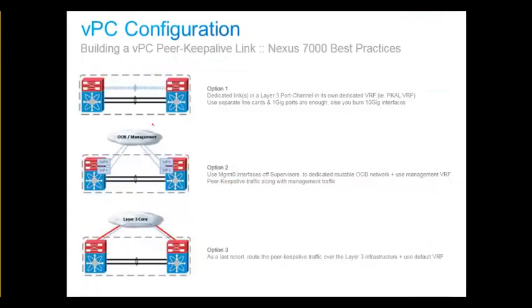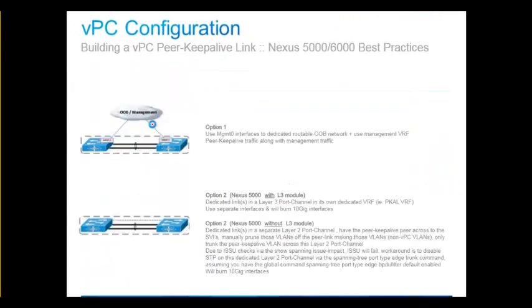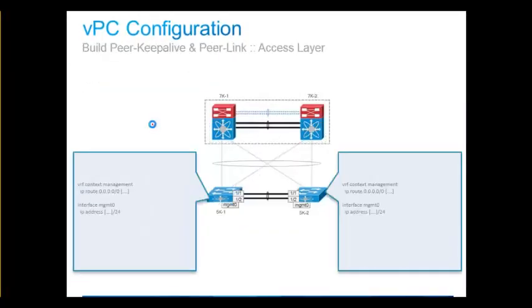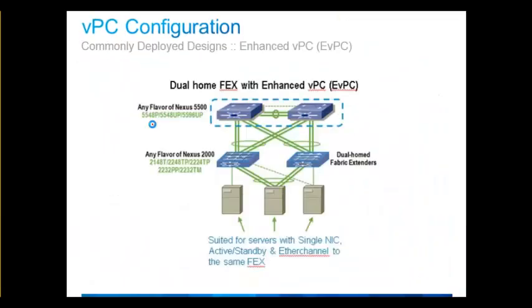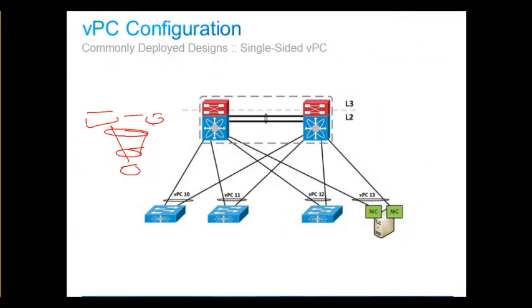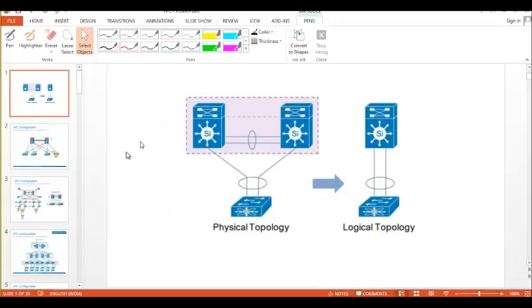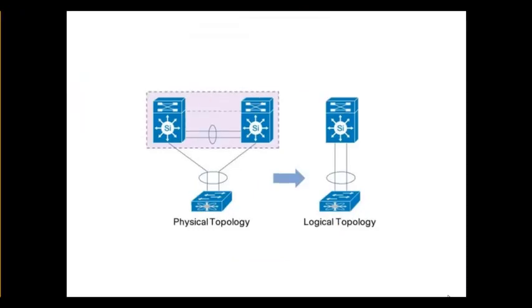I'm trying to take one picture which will be easy for us to use. This picture is sometimes distracting because we got too many switches. Let us continue. See how nicely it is picturized here. Physically it is three devices, but virtually it is one device on the top.